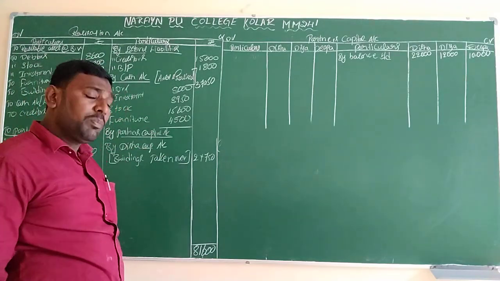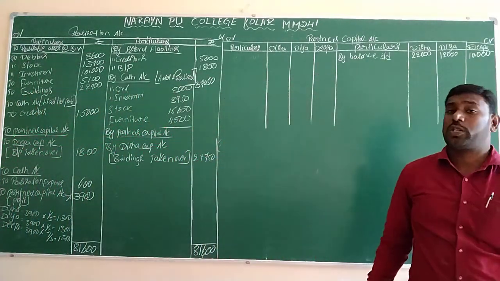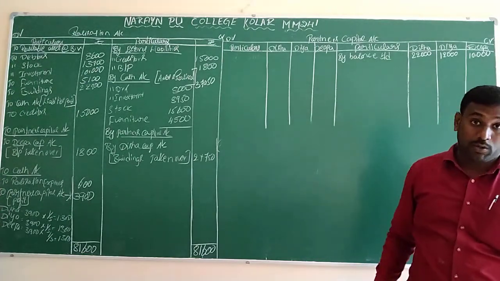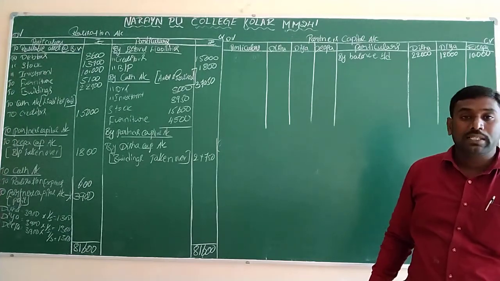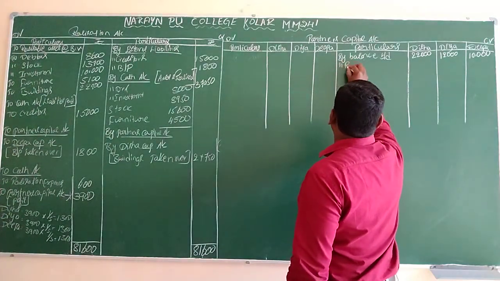Next, come to the previous balance sheet only. One more transaction is there which is reflected in our partners' capital account. Which is the transaction? They have given reserve fund. We will write by reserve fund.